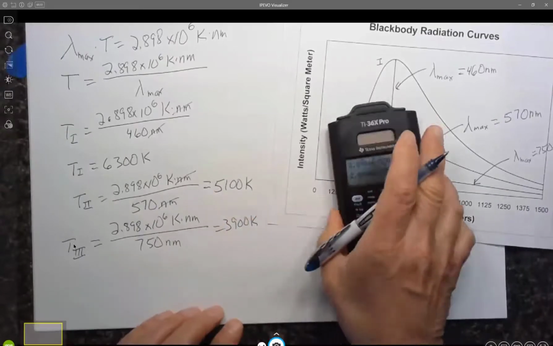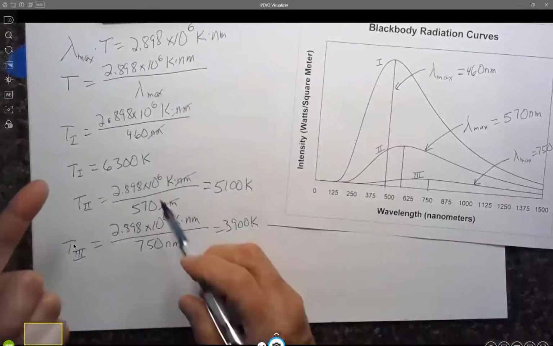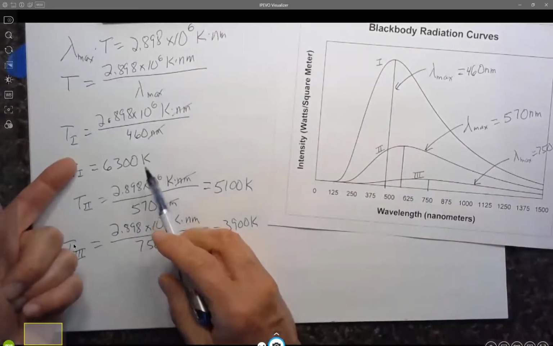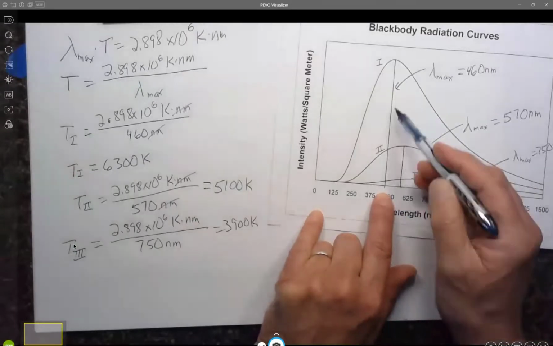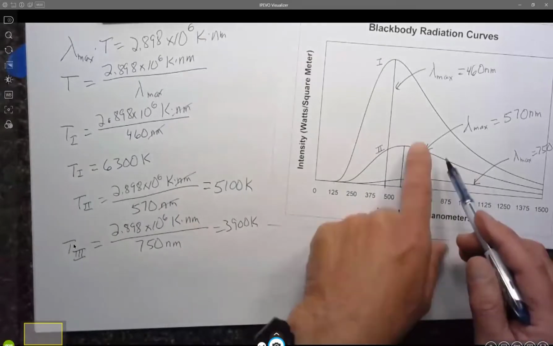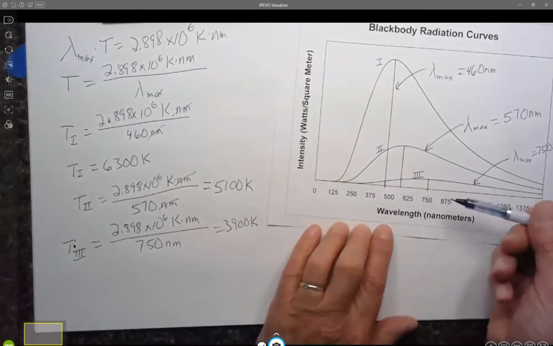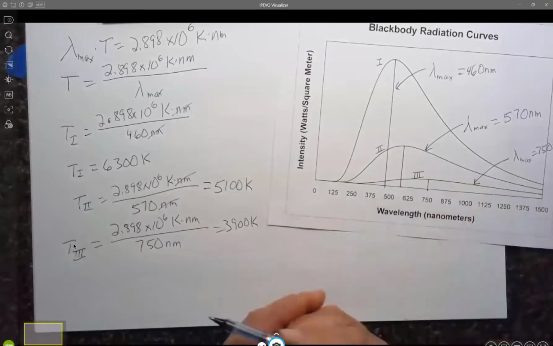Okay. Now, here's a few things to notice. First of all, the higher the temperature, the shorter the wavelength of the peak. As the temperature on these things went up, the peak wavelength went to the left.